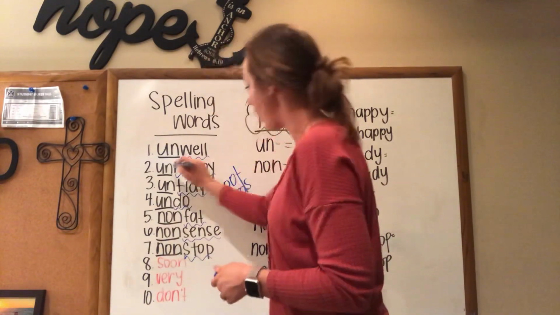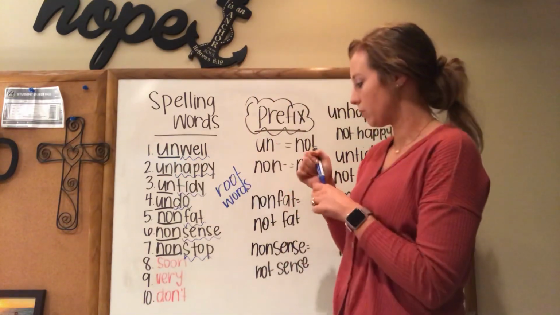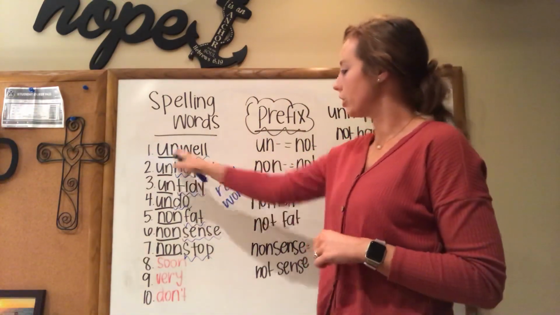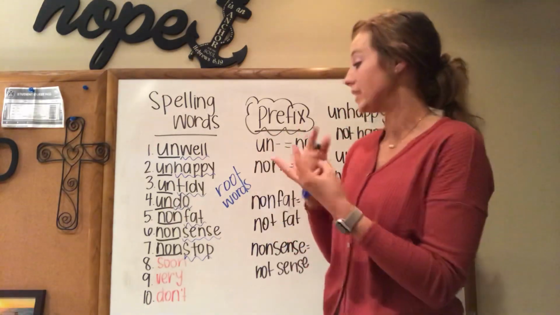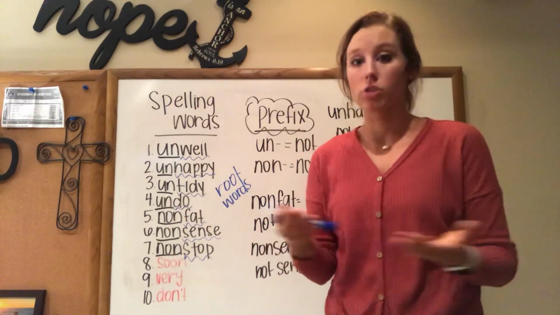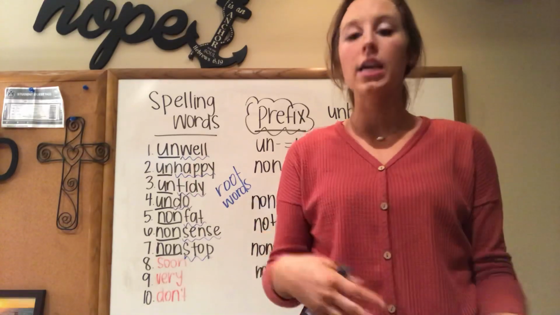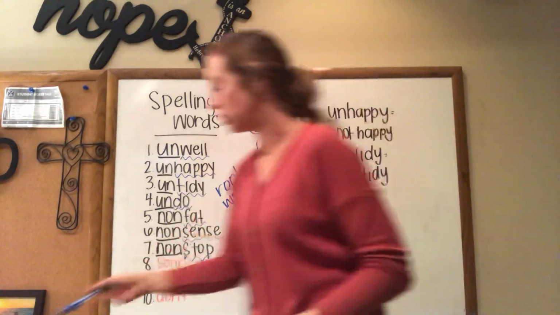And then un and non are your prefixes, okay? Those all are words, and then we put the prefix in front of it to change the meaning of the word. So it just changes the meaning.